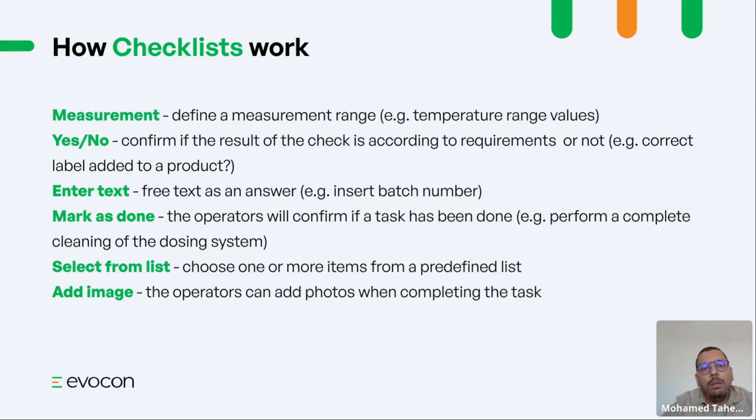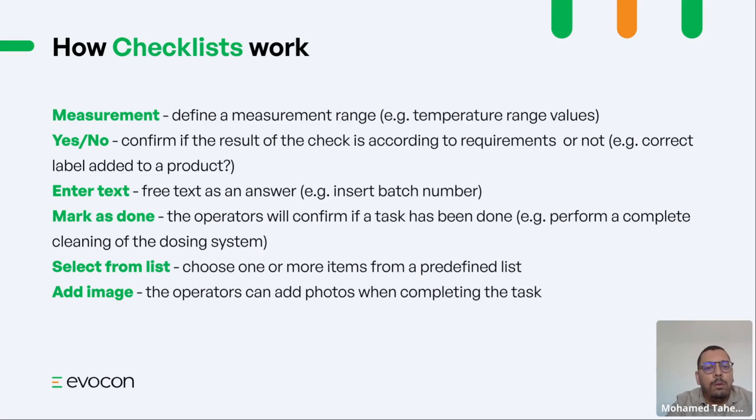It can also be a task type that we call yes and no, which means you need to confirm the result of the checks according to requirements. For example, is the label correct according to the description from the bill of material?